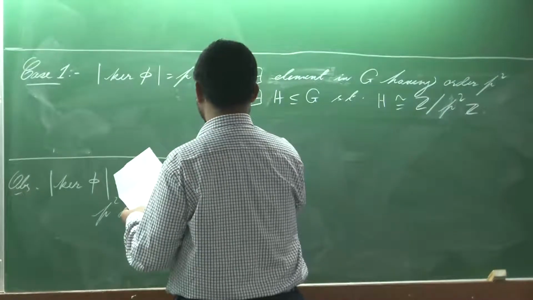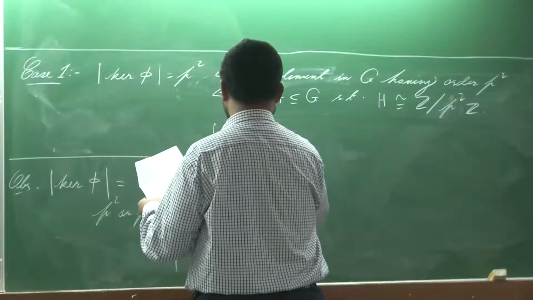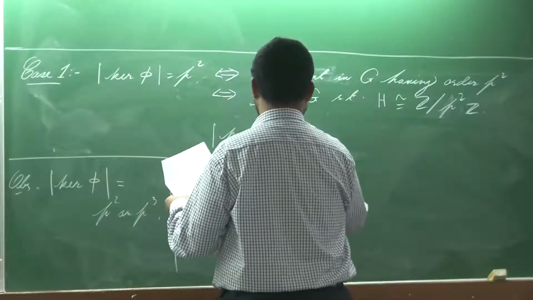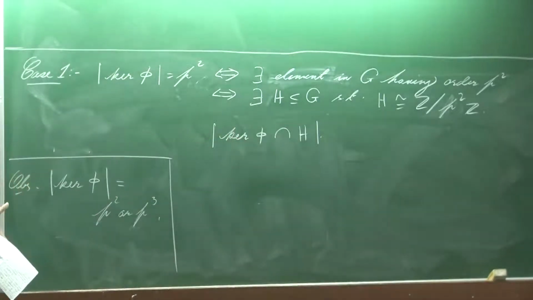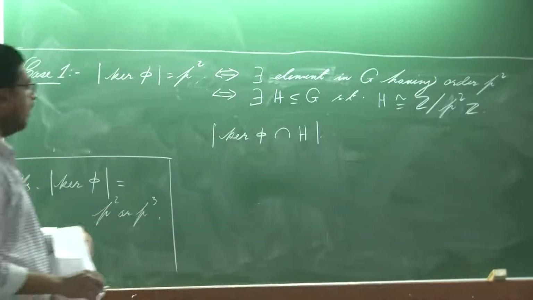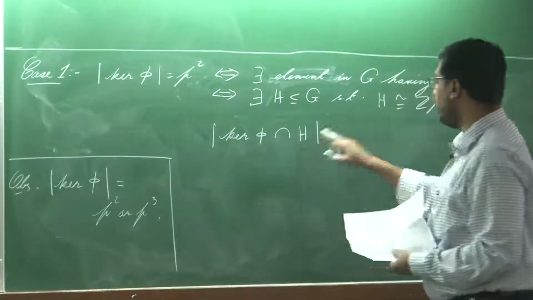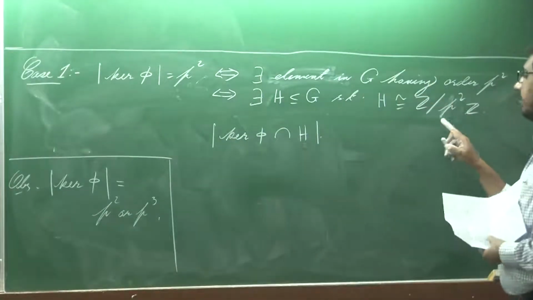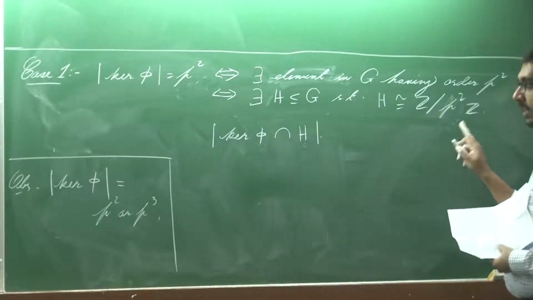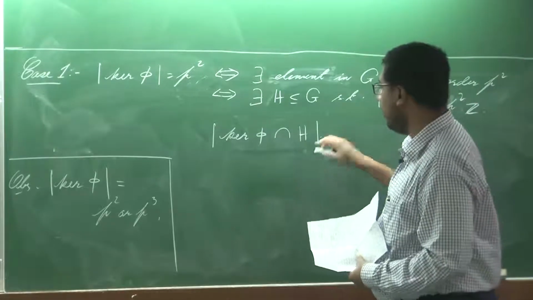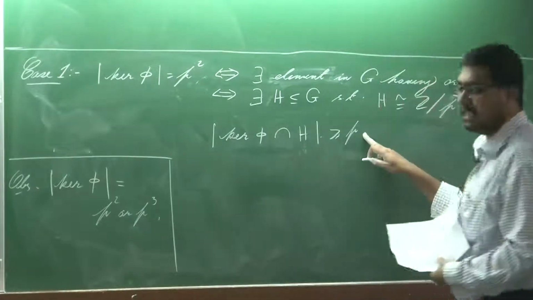Now what about the intersection of kernel phi with H? H has order p square, kernel phi has order p square. Since H is a cyclic group of order p square, it is going to have an element of order p. So the intersection will be non-trivial, thus the order is at least p.